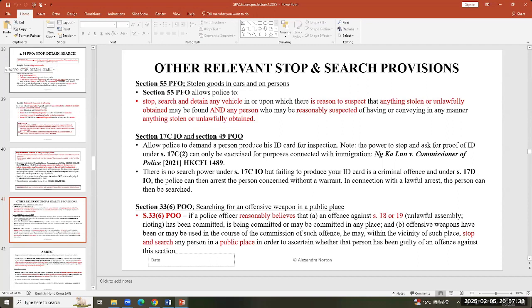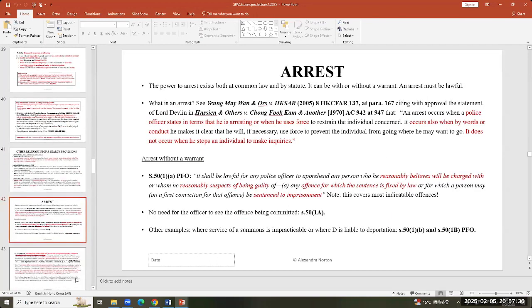So section 54, just stop, detain, and search. But the power of arrest is much wider in scope. And the power exists both at common law, but also has statutory basis as well. And a person can be arrested either with a warrant or without a warrant.